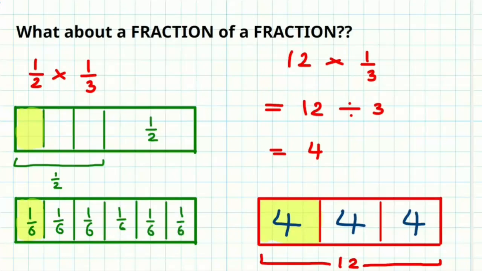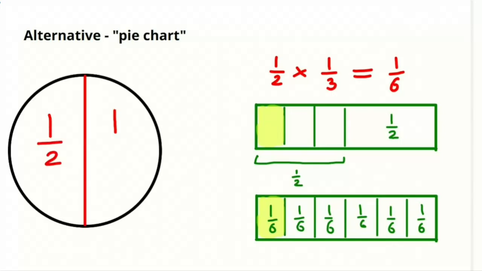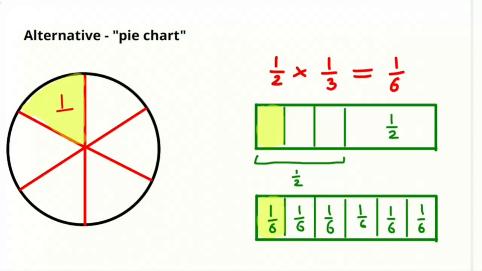All of these are 1/6. Here's a slightly different way to look at it, which people tend to like, that rather than a rectangle, we'll do it with a circle instead. 2 equal parts, each one is a half, then we take one of the halves, divide into 3 equal parts. The fraction of the original circle is 1/6, which I find a hard word to say.